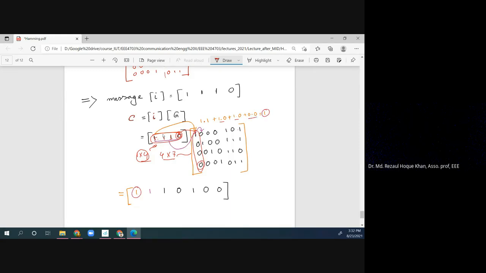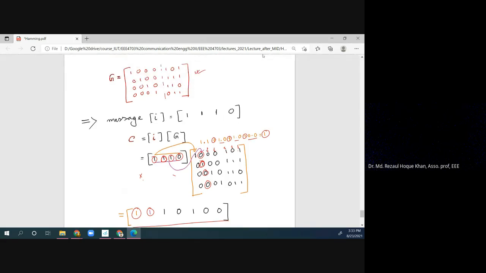Then the same information is multiplied with the second one: 1 into 0, 1 into 1, 1 into 0, 0 into 0, and the result is 1. Again it will be multiplied by each row, and they will be XORed. So we will actually have this, and this is our code word.